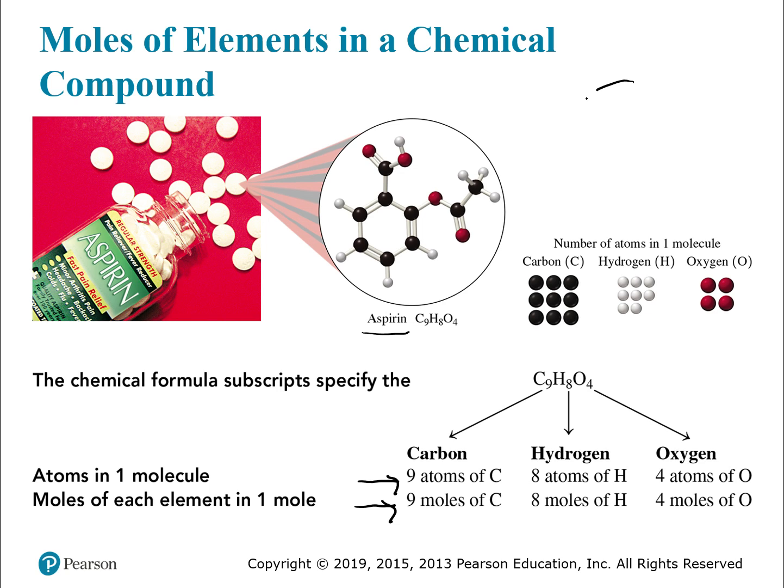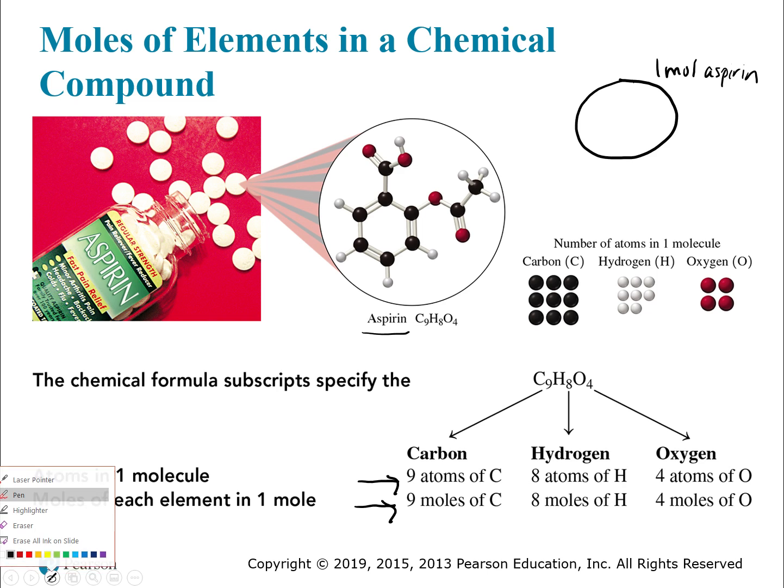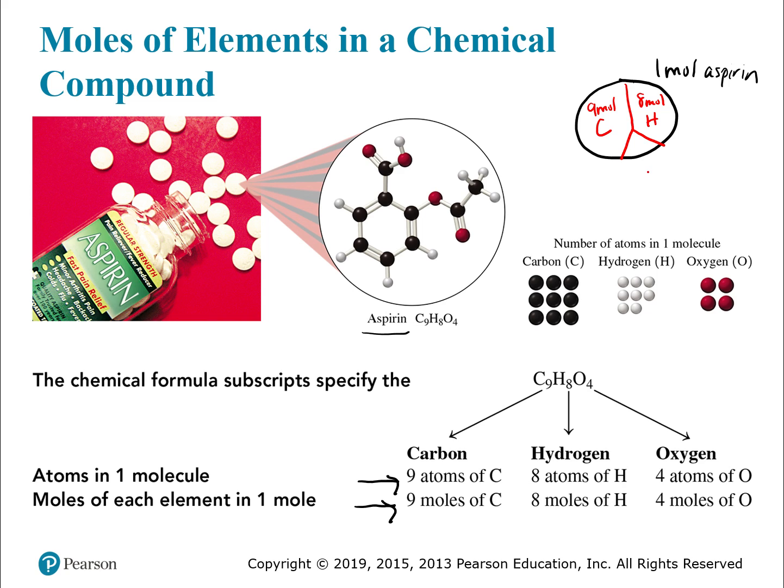So if you think about the 1 mole of aspirin like a pie chart, and then what makes up that pie chart is the carbon and the hydrogen and the oxygen.